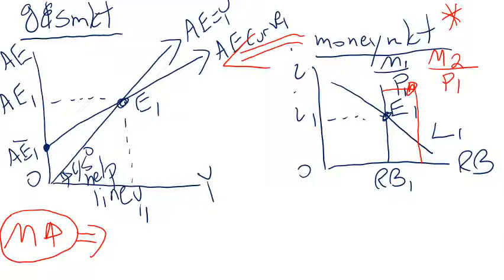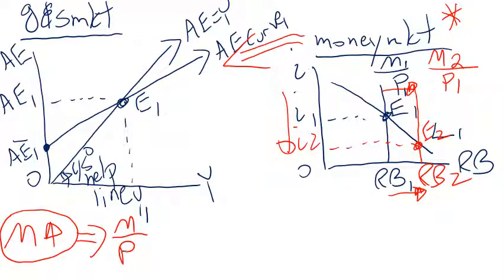And what will that do? Well, that will move the equilibrium to E2, and that would lower the interest rate and increase the real balances, increase the liquidity in the economy. So an increase in M, the nominal money supply, will increase the real money supply.